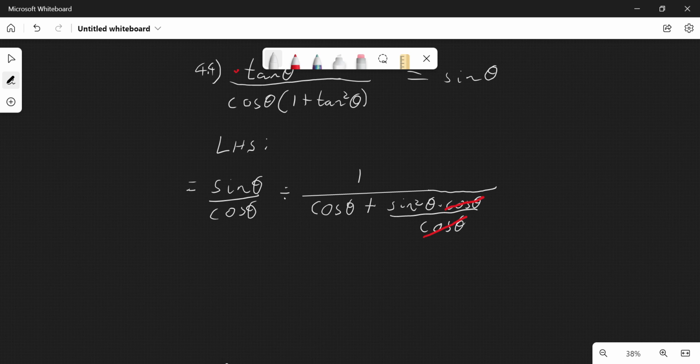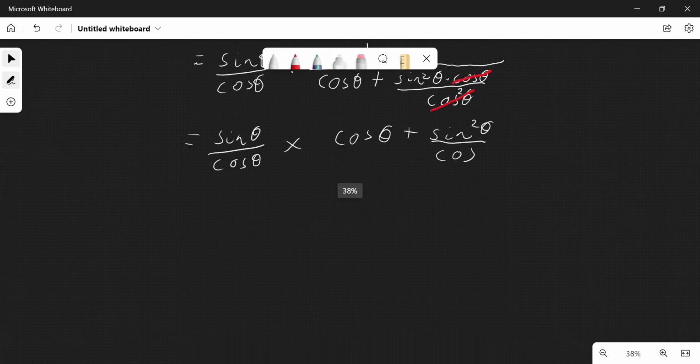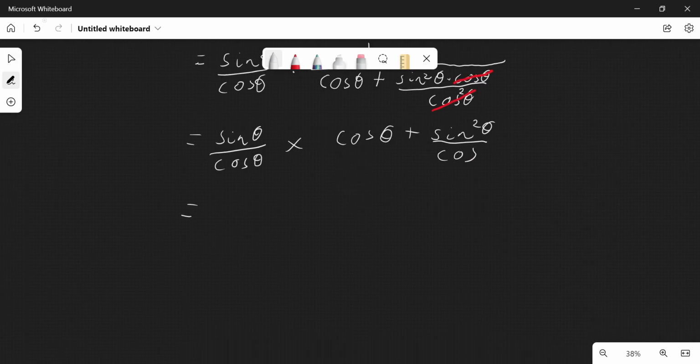So these two cancel out, which leaves us with 1, which gives us this. Sine theta over cos theta times cos theta plus sine squared theta over cos. This is squared, so there's still a cos there. Let's add that.